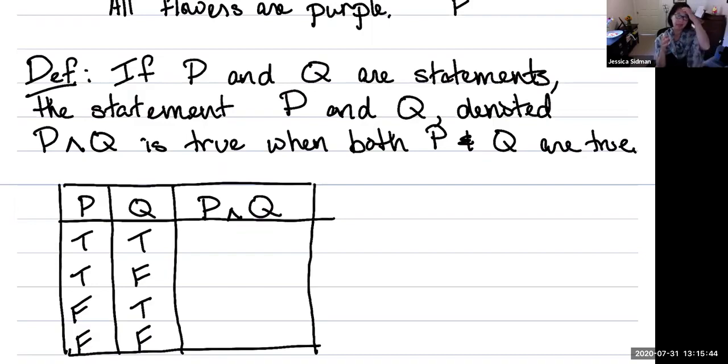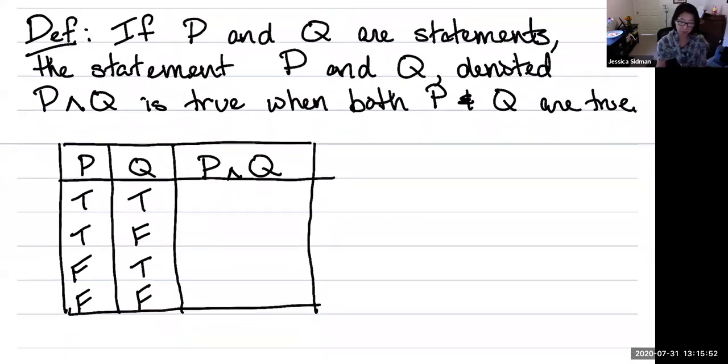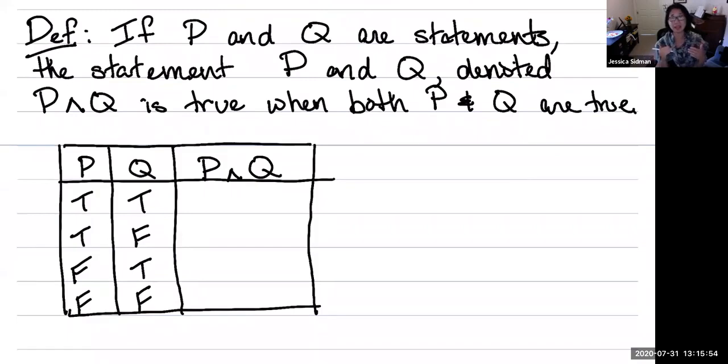Of those four different possibilities for the combinations of P and Q together, the definition of P and Q being true only happens when both P and Q are true. And so in all other situations, P and Q is false.